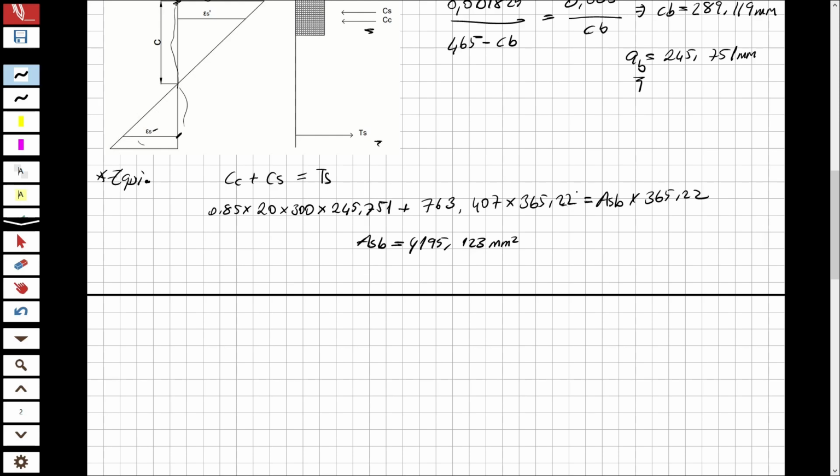I'm going to make a comparison. The normal steel area that is used now, if it is smaller than the balanced steel area, then it is under reinforced. Normally we want the section to be under reinforced. If it is over reinforced, it's critical, we don't want it.